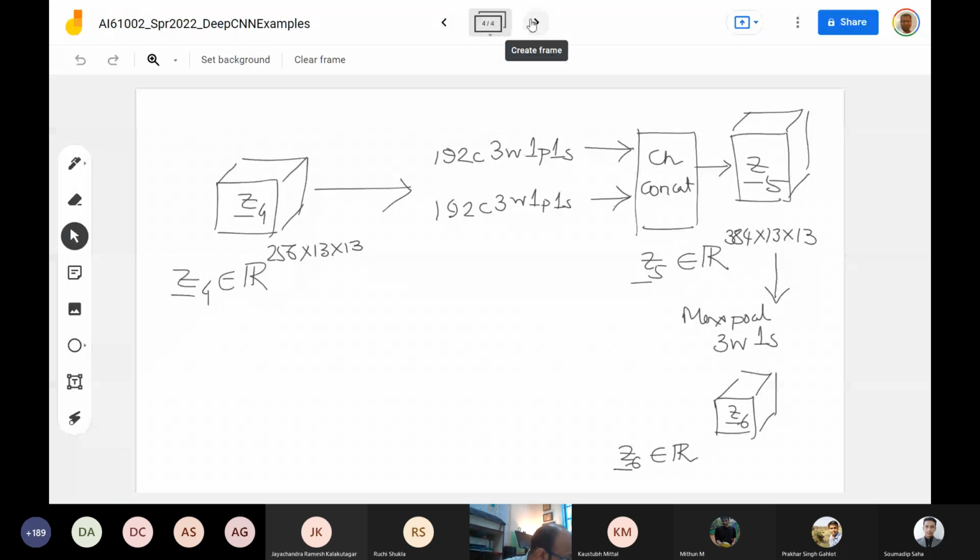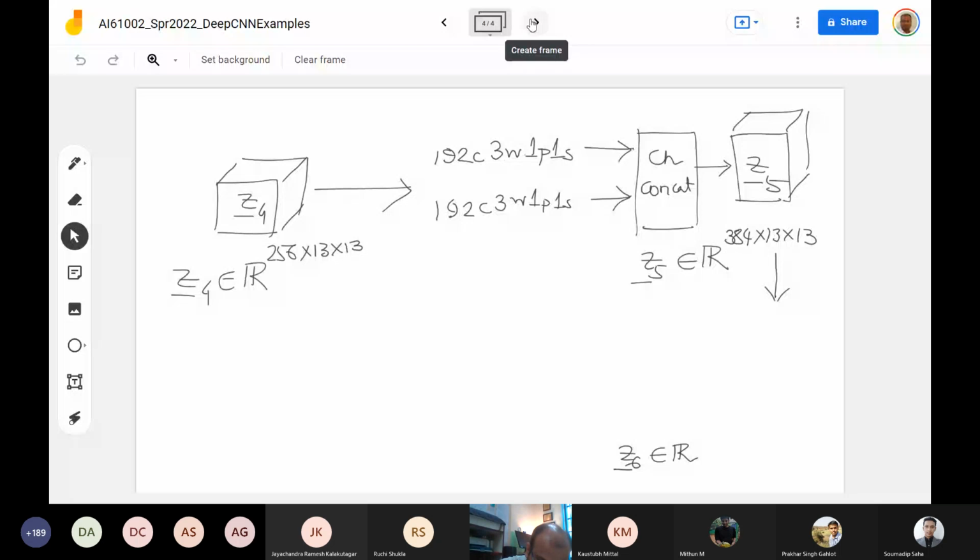Are you sure? Hey, wait, 3W 1S 1P. Then 13... oh, cross no, 13. No, wait. There is no max pool. So there is again 384.